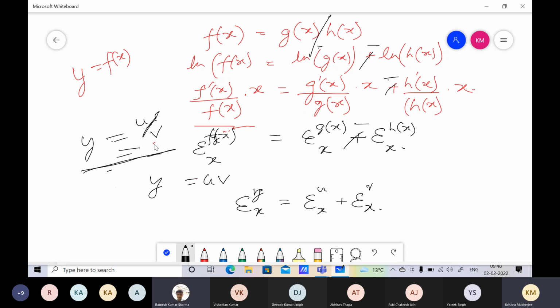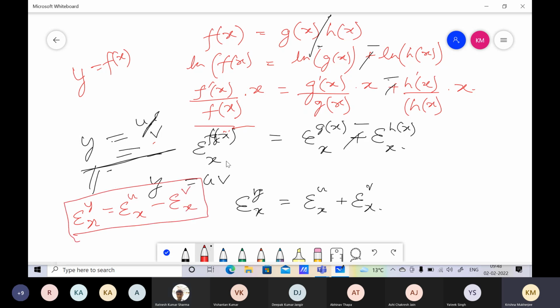If we have y is equal to u by v, then we can simply see that E of y with respect to x is equal to E of u with respect to x minus E of v with respect to x. So you see, multiplication and division, because of the log nature of this differentiation, translates into this kind of formula.